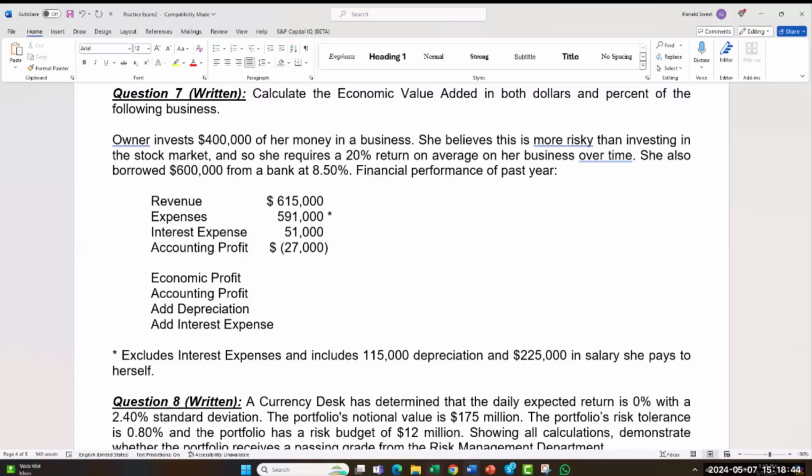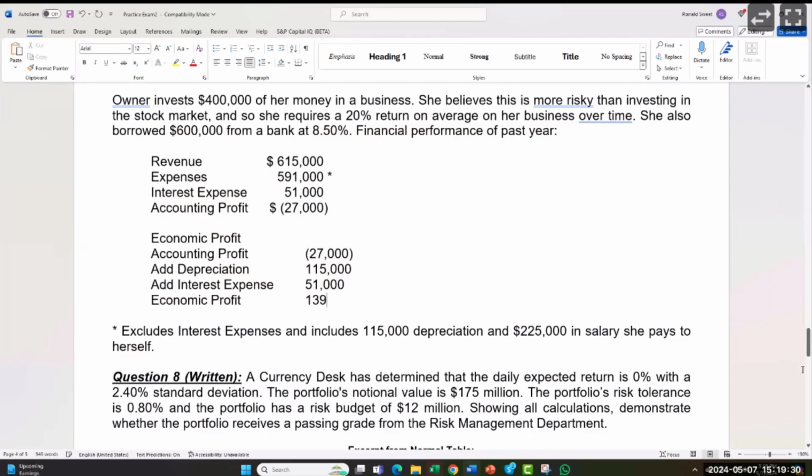Some of you on the application were grabbing the wrong numbers, so be real careful that you know exactly what you're grabbing. So the accounting profit is minus 27,000. Depreciation is 115,000. And the interest expense is right there, 51,000, giving 139,000.